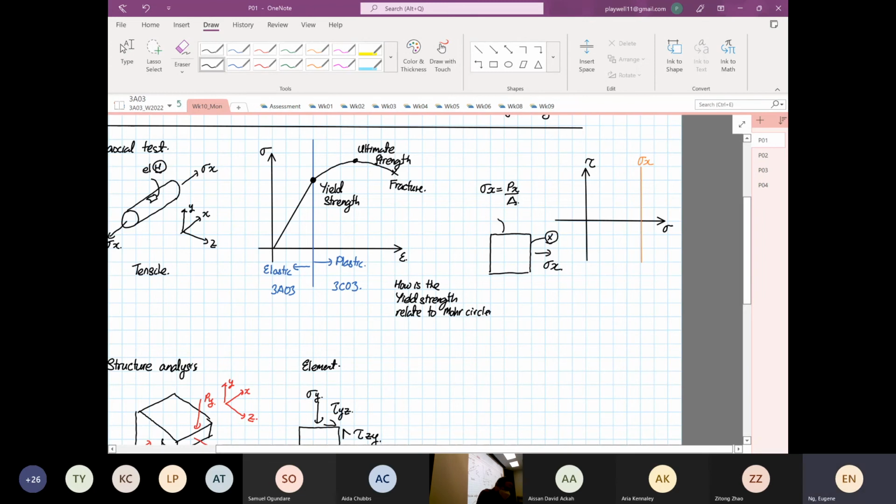I will label this point y. Over here, this is my stress x point. Over here, this is my stress y point. So from here to here, this is your Mohr's circle.